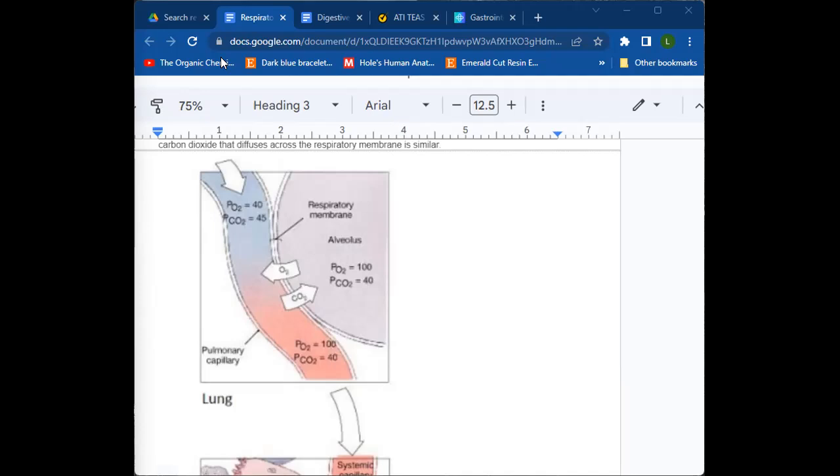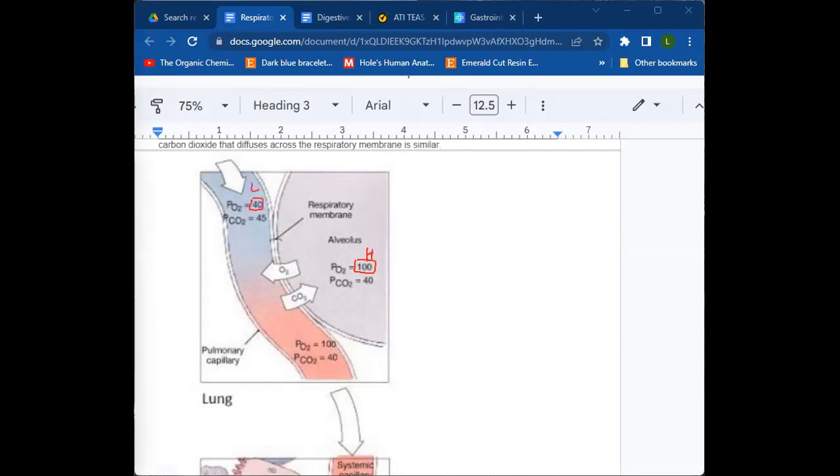First of all, we need to know that the exchange of oxygen and carbon dioxide that happens at the alveoli is diffusion, because diffusion is the movement of a substance from high concentration to low concentration. In the lungs, there's a high concentration of oxygen, and a low concentration of oxygen in the blood.